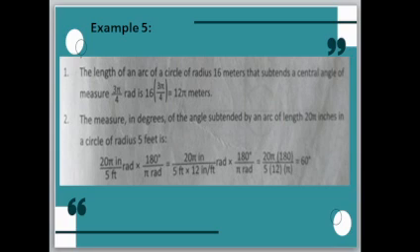So 5 times 12. We have to multiply it with 180 degrees over pi radian, because it's a constant conversion. So we'll cancel out the radian unit. So we have 20 pi times 180 because we also canceled out the inches. So 20 pi times 180 divided by 5 times 12 is 60, and that is 60 degrees.